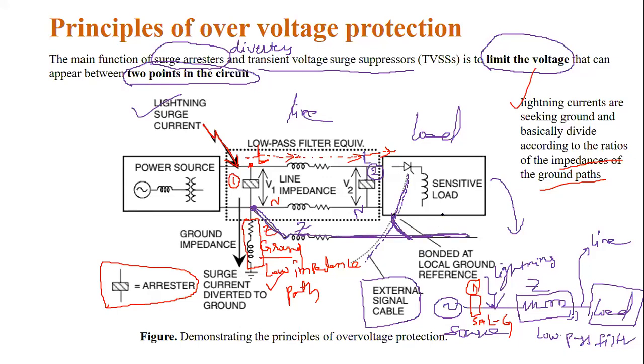Because of this, some amount of surge currents are entering the sensitive load. You are going to reduce this type of problem for sensitive loads also. These bonded local grounds will produce transients again in the system.